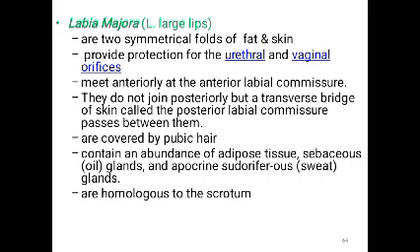They are covered by pubic hair and contain an abundance of adipose tissue, sebaceous or oil glands, and apocrine or sweat glands. They are homologous to the scrotum.